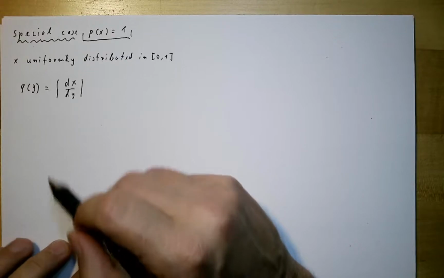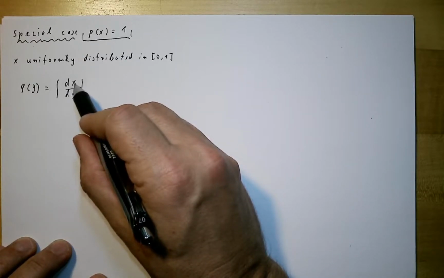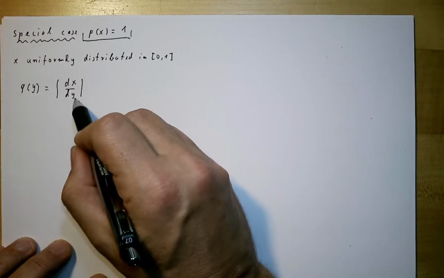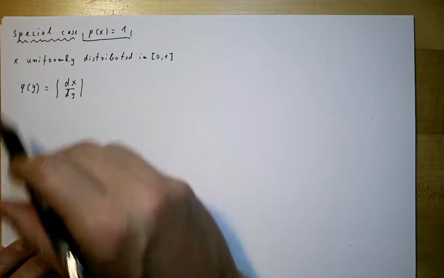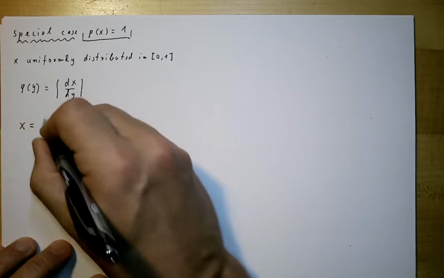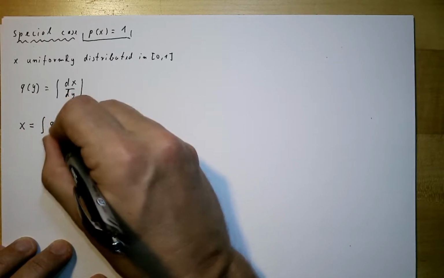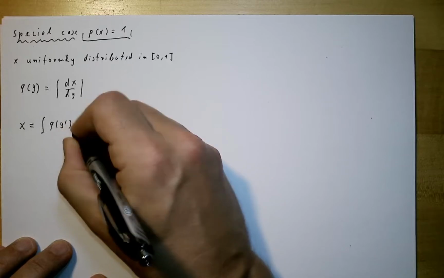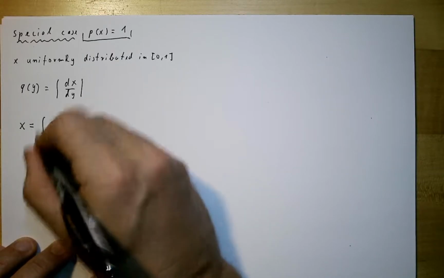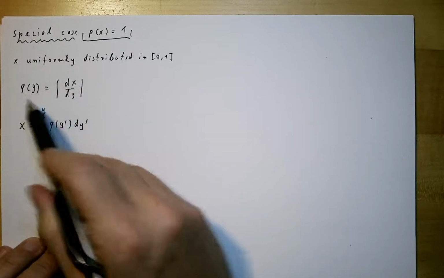In order to obtain this, we just solve this for x. So we multiply both sides by dy and integrate. Then we find that x is given as the integral of q of y prime dy prime, and we integrate from 0 to y. And so we have solved this for x.